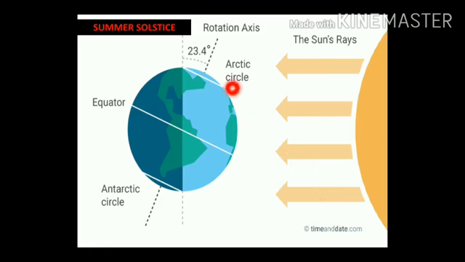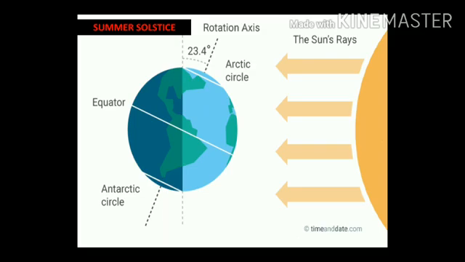The North Pole is tilted towards the sun. The places beyond the Arctic Circle experience continuous daylight for about 6 months. Since a larger portion of the northern hemisphere is getting light from the sun, it is summer in the northern hemisphere. During this period, in the northern hemisphere, days are longer than nights.